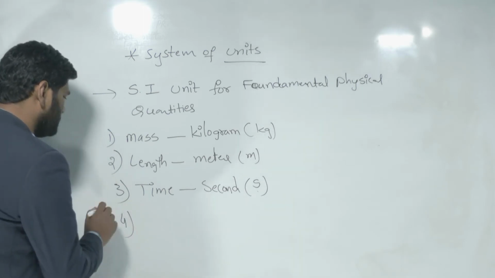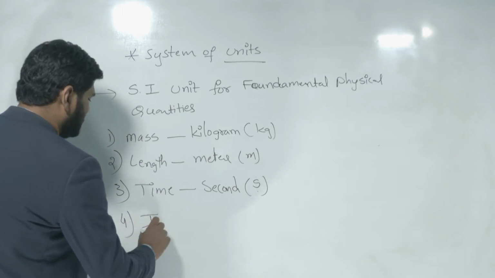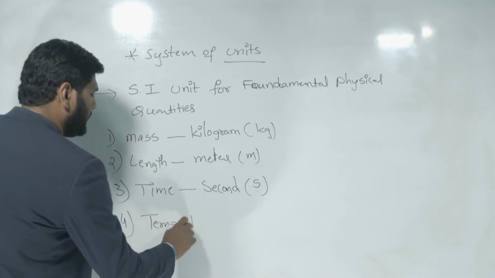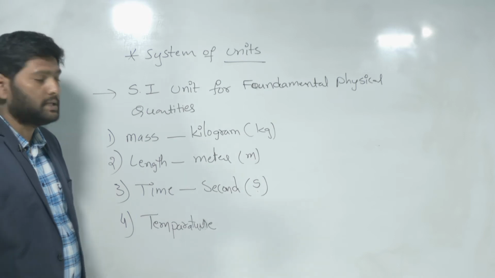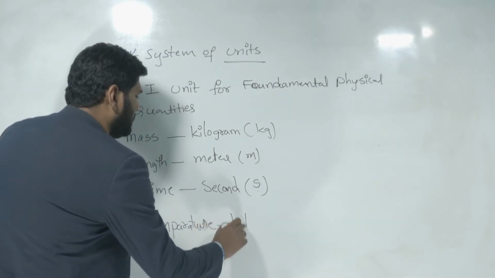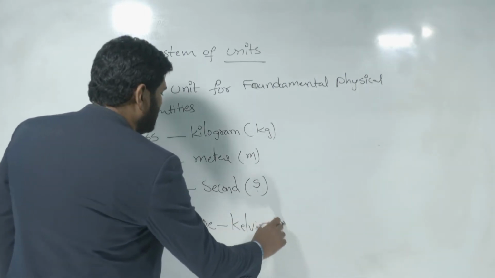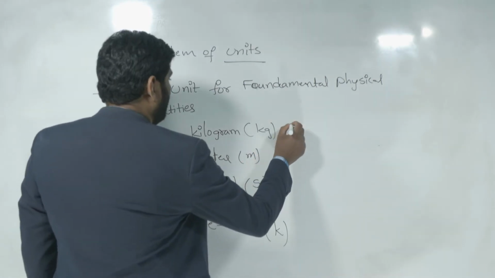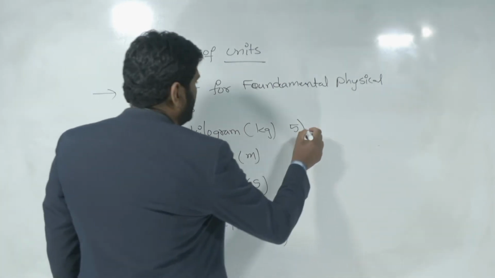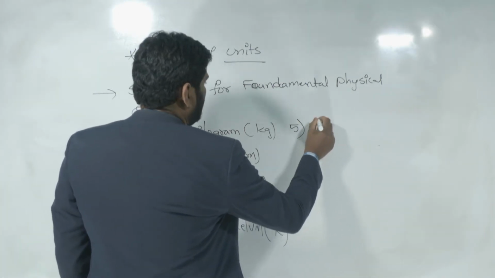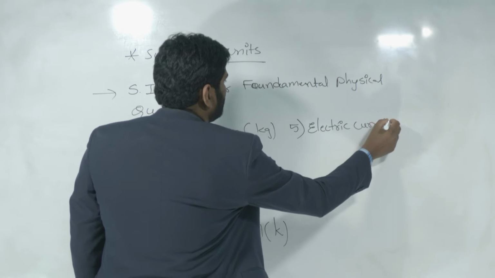Fourth one is temperature. The temperature unit in the SI system is Kelvin, simply represented with K. Fifth one is electric current, also known as current.